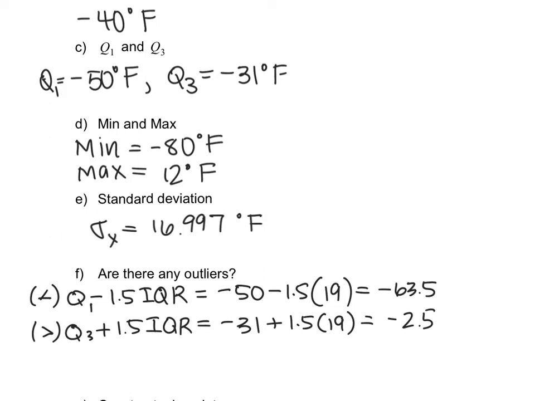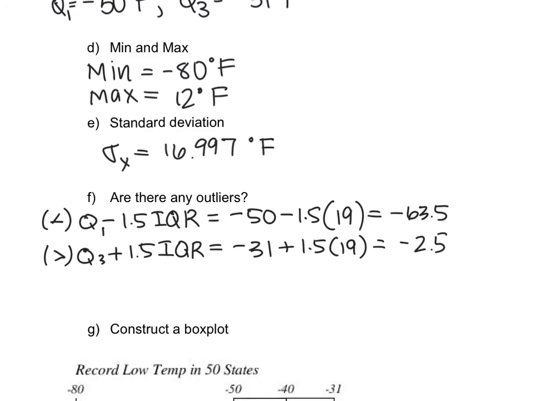All right, so going back to look at our table, we want to select any values less than negative 63.5. So there are outliers. Negative 80 is an outlier, and negative 66.